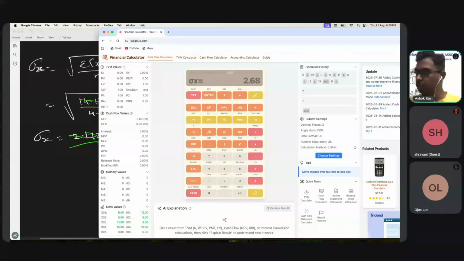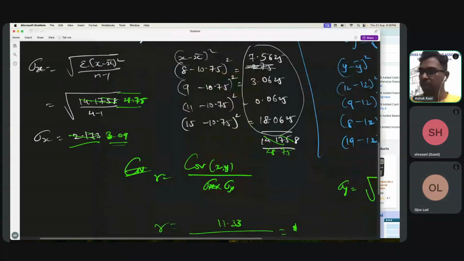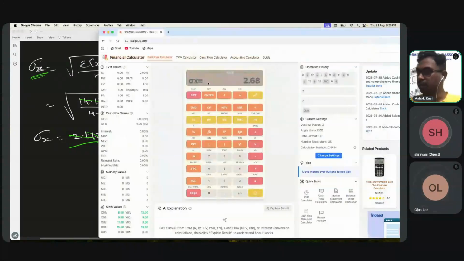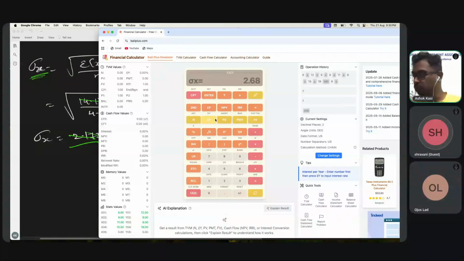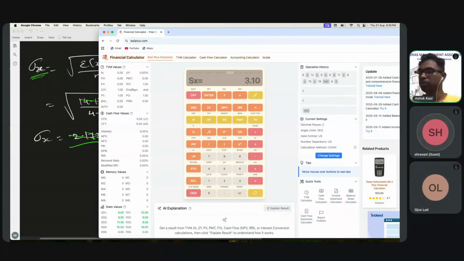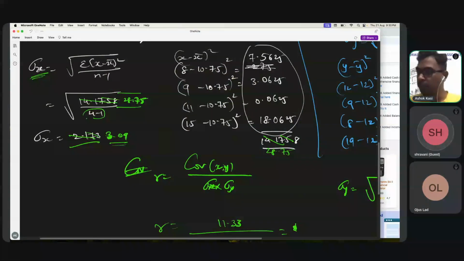Then see, this symbol is called the population standard deviation, but practically we interchangeably keep using it. But here in this calculator, this notation stands for population. In case you get confused, all I remember is that the bigger one will be the sample standard deviation, because in the sample I'm doing minus 1.